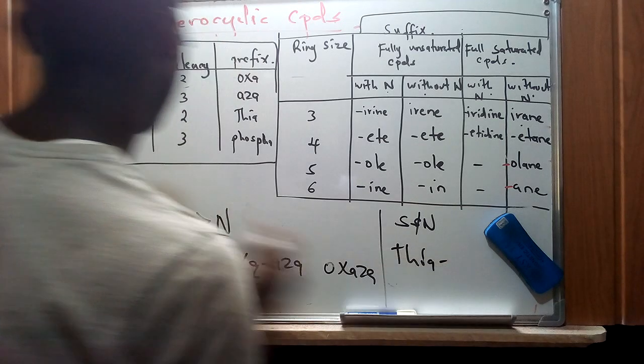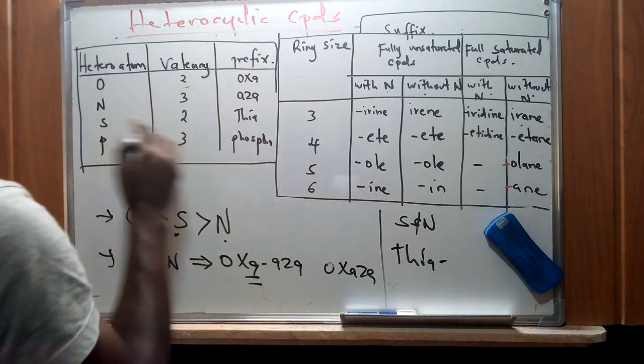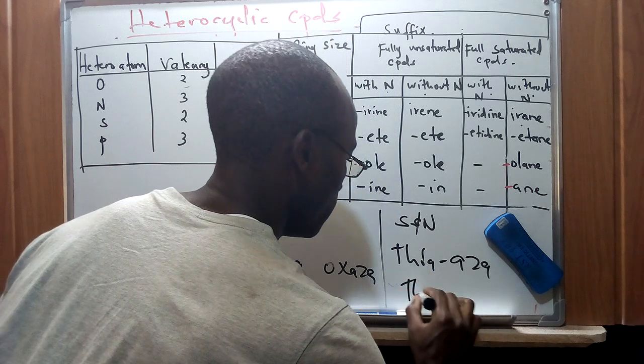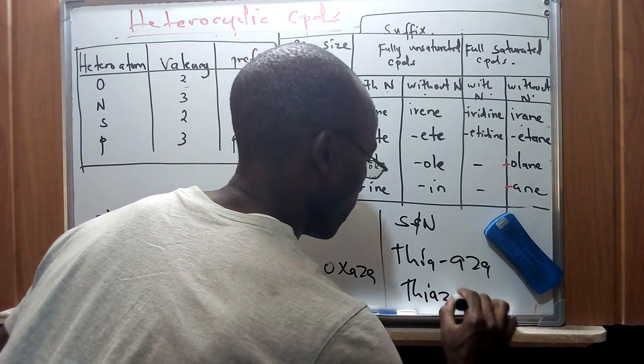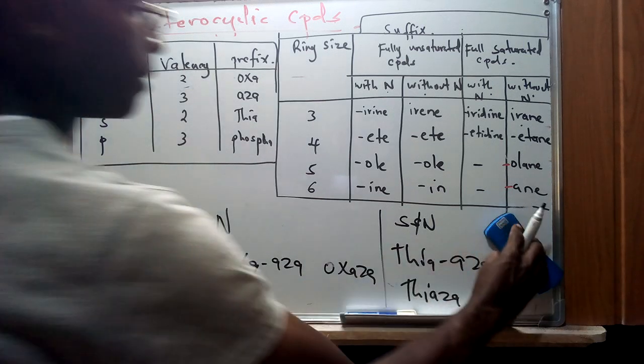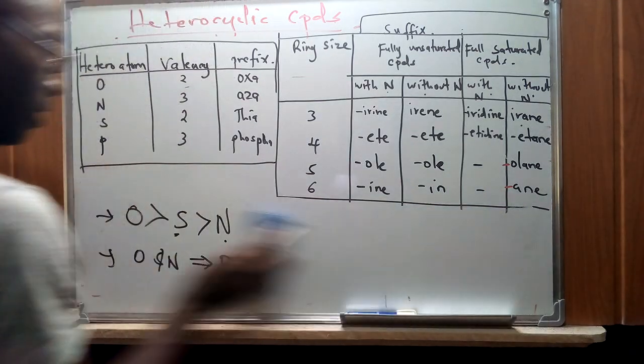And then for nitrogen it's going to be aza. So we are going to drop this A, it will be thiaza, etc. So that is the order in which we are going to follow to name heteroatom compounds that contain more than one heteroatom in their structure.